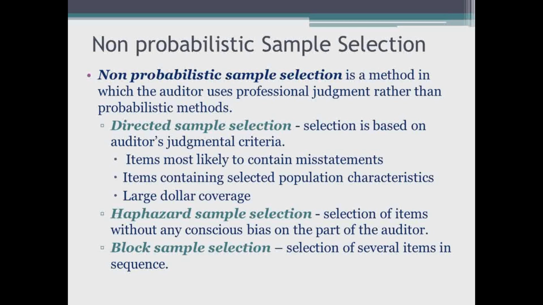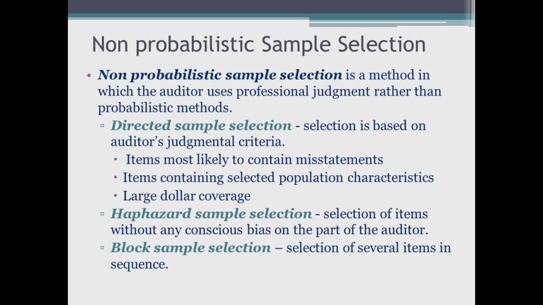Haphazard sample selection, as it sounds, is the selection of items without any conscious bias on the part of the auditor. They just haphazardly select. So here's an example of a haphazard selection. When I was an auditor, way back in the day, we didn't use statistical sampling, at least not the audit staff.